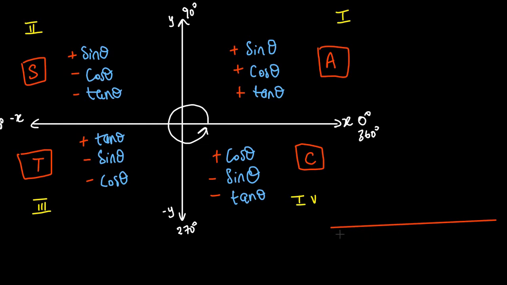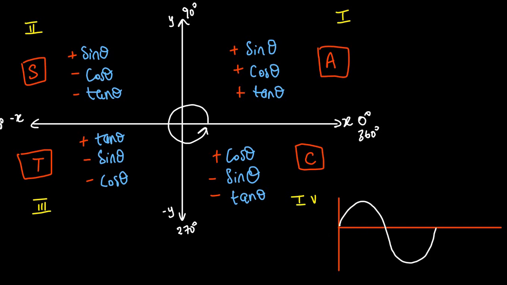If we were to draw a graph for sine theta, if we were to draw the mother graph for sine theta, that mother graph actually looks like this, whereby here it's 0 degrees, 90 degrees, I think is it 180.